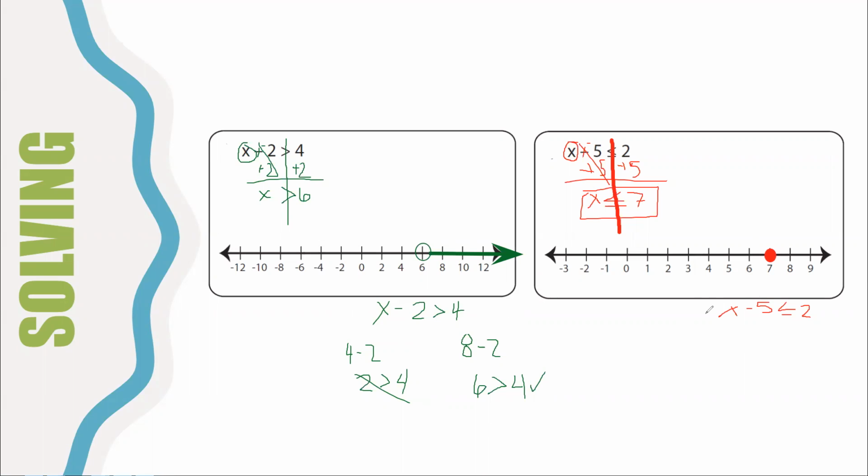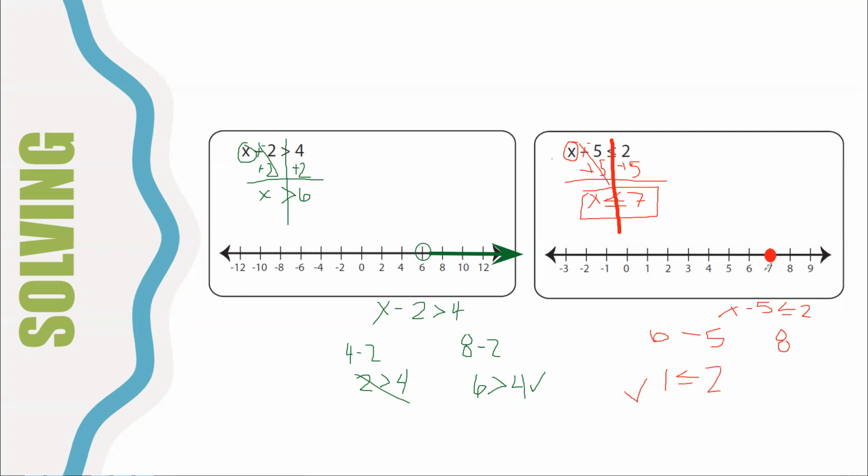So I'm plugging in one number to the left, so that's 6. 6 minus 5 is going to give me 1. Is 1 less than or equal to 2? My answer is yes, 1 is less than 2, so that is my true statement. So just to double check, the second statement should be false.